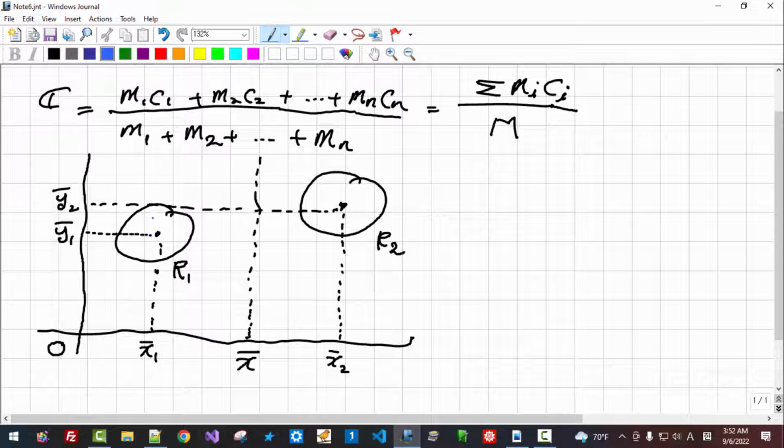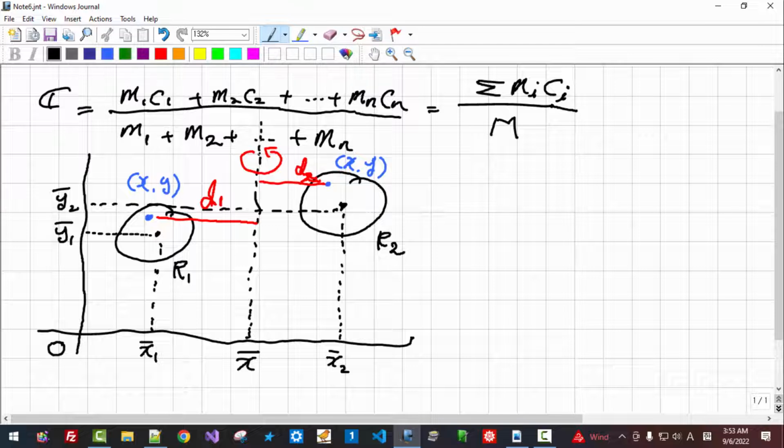Now, one point here, x, y. One point here, x, y. This distance from the center is d1. This distance is d2.